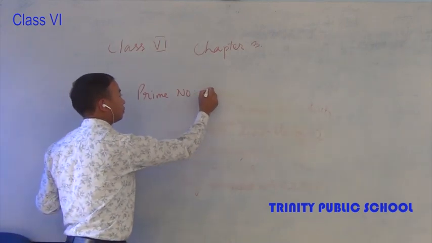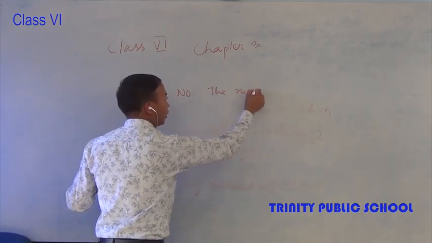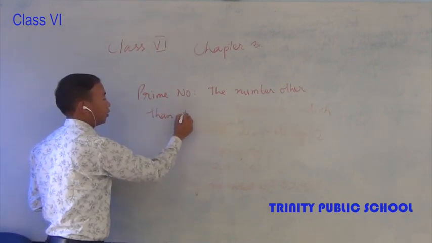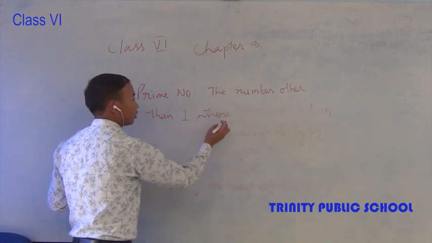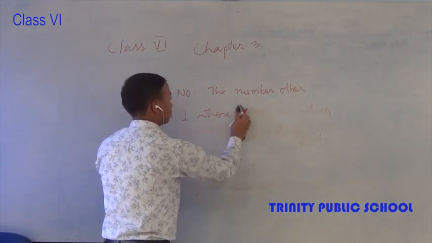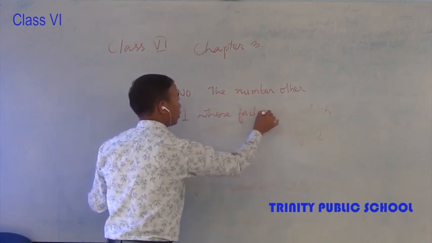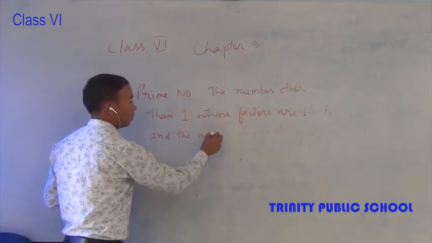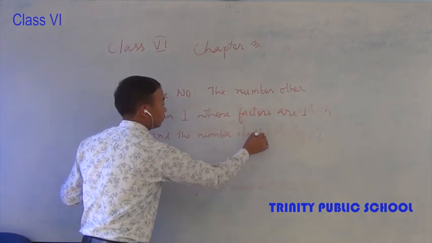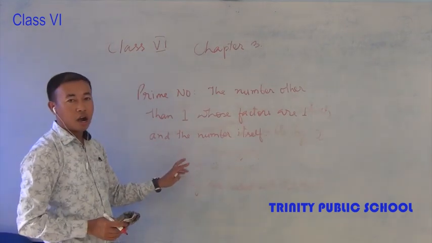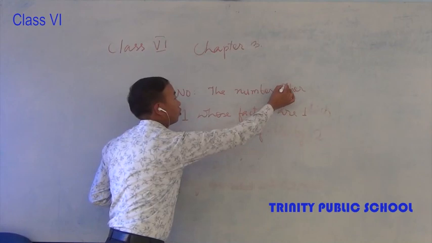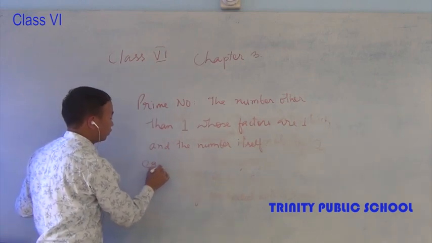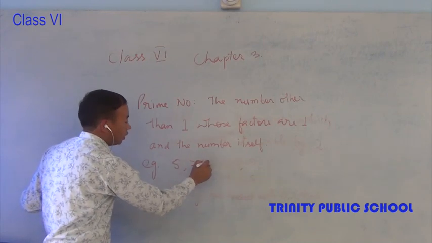Let me give you the definition. A number other than 1 whose factors are 1 and the number itself, that means having only 2 factors, is called a prime number. Example: 5, 7, 11.